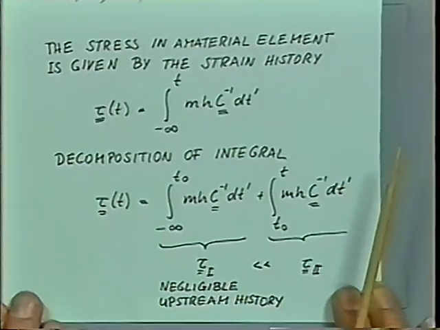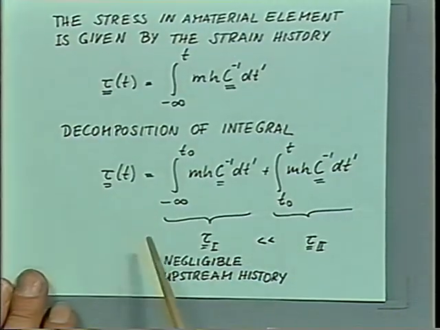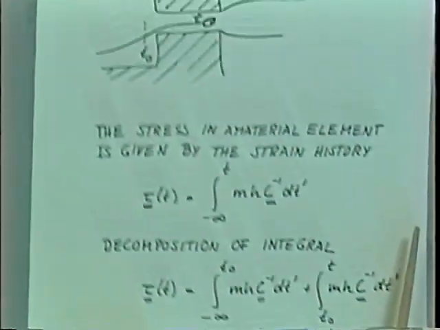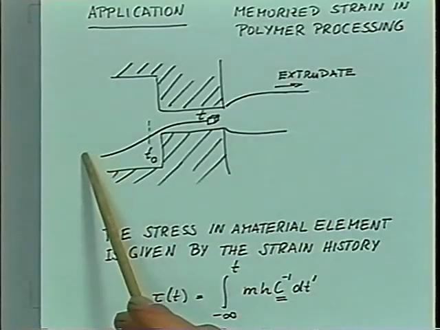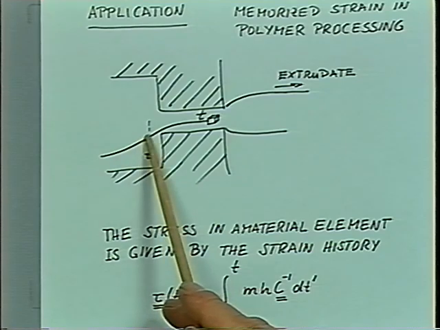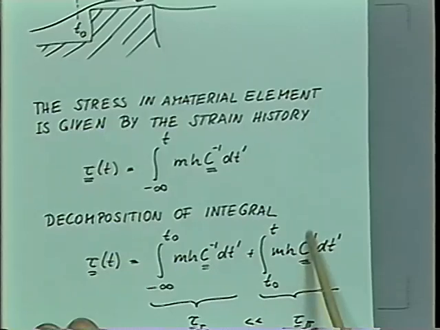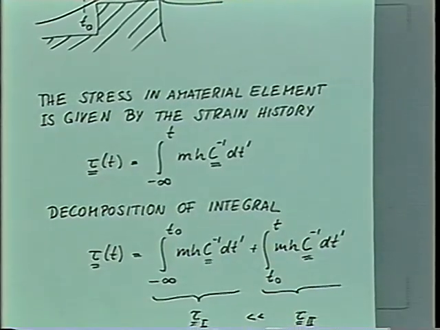We will decompose, again, this integral into an integral from -infinity to some time t0. Looking at this example, it's the contribution from the back here to t0. And a second contribution from t0 to t. That's the second integral.